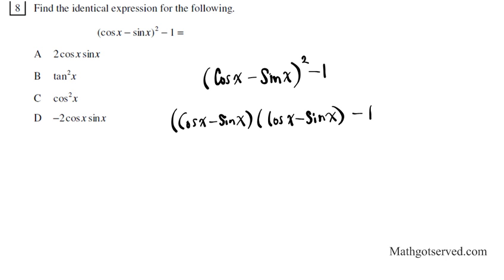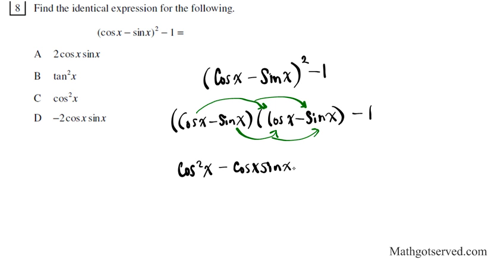We're going to do typical FOIL: first, outer, inner, and last. Cosine and cosine gives us cosine squared x. Cosine and sine, negative cosine x sine x. Sine and cosine, negative, we can write it as cosine x sine x because multiplication commutes. And the last one is plus sine squared x minus 1.